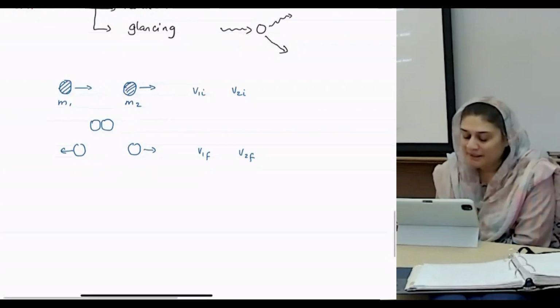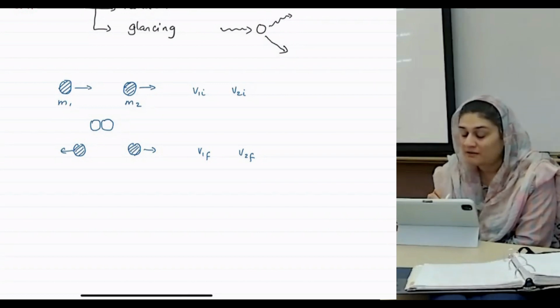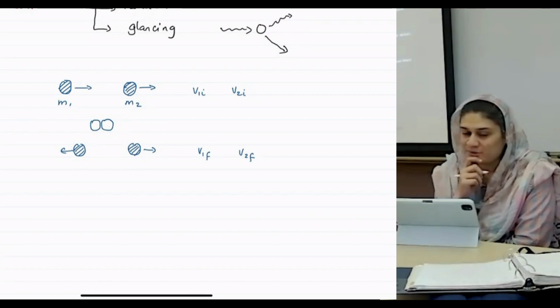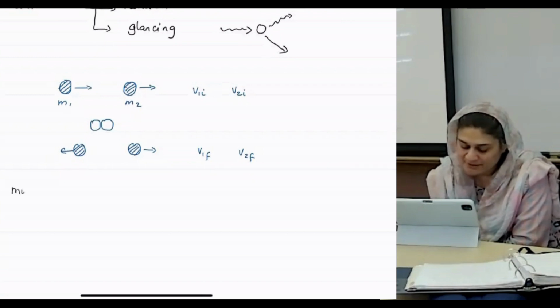So may I write, there are two main laws we talked about, right? Conservation of momentum and conservation of energy, there we go. So which one do you want to do first? Momentum. Okay, let's do momentum first.